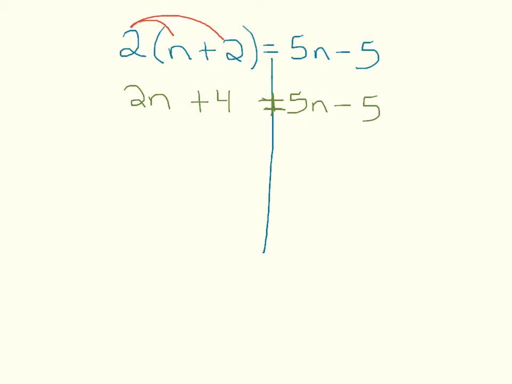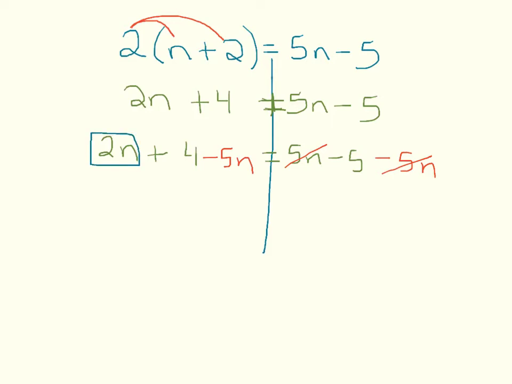So now we have to move the variable to one side. And let's see, I can move 5n by subtracting 5n on both sides. So I will subtract 5n on the right side to cancel it out, subtract 5n on the left side, and now I have to combine my like terms.